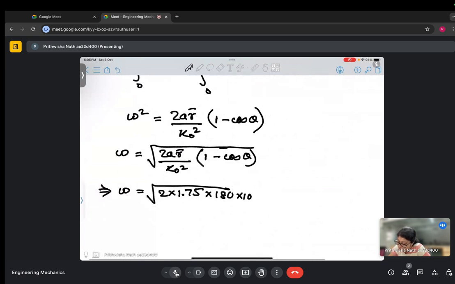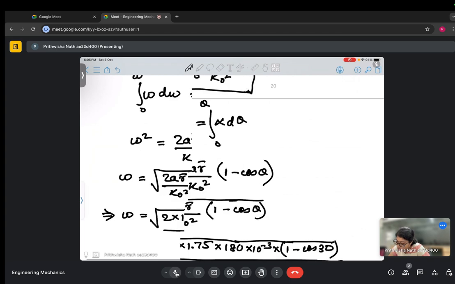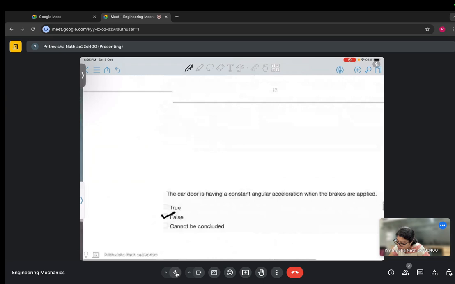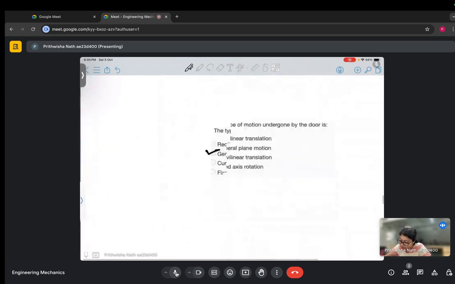Since it is given in millimeter, I'll just convert it into meter, and it is asked to compute it when theta equal to 30 degree. So cos 30 divided by k_O, which is also given, k_O is given as 0.5 meter.